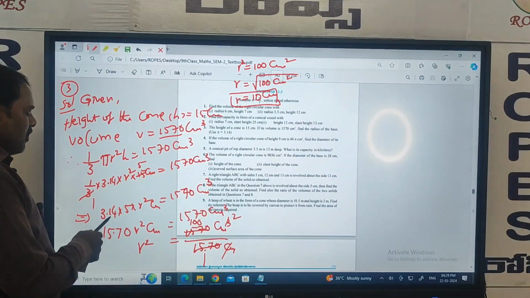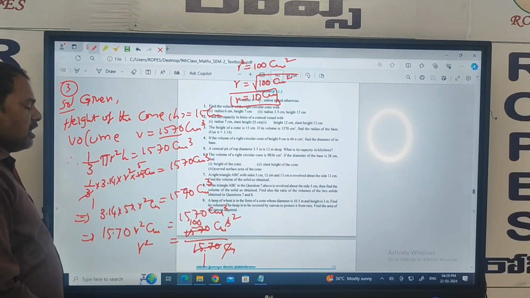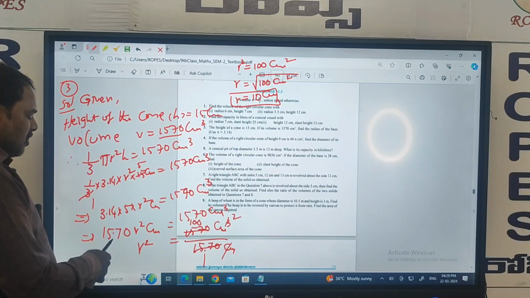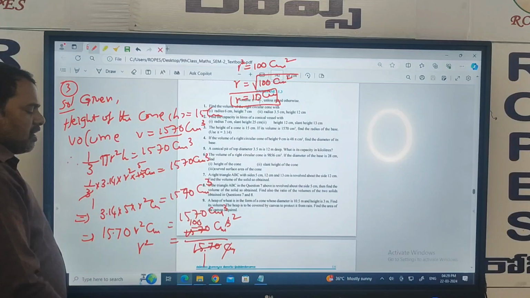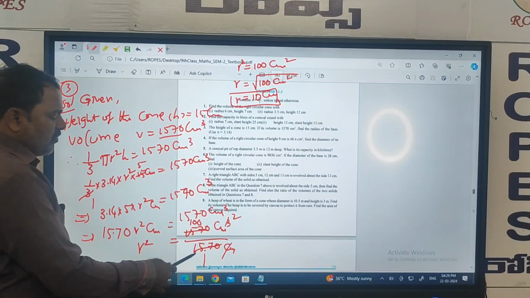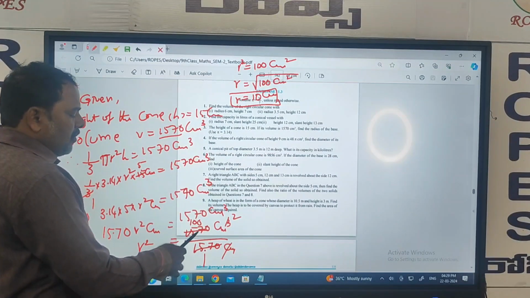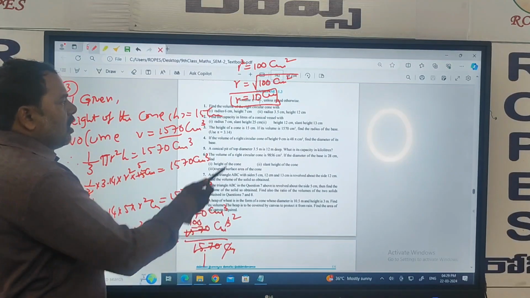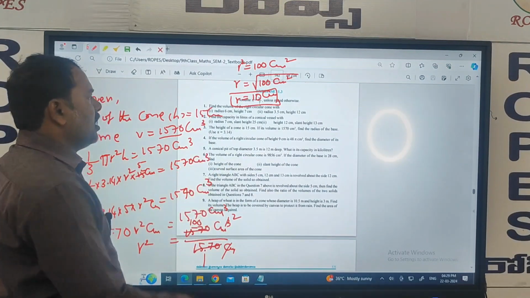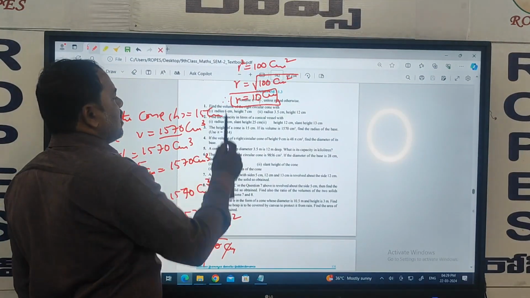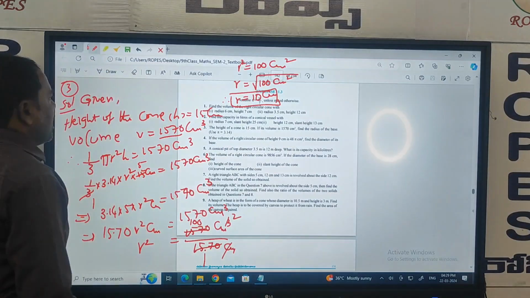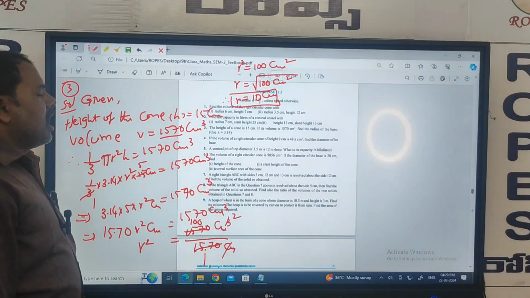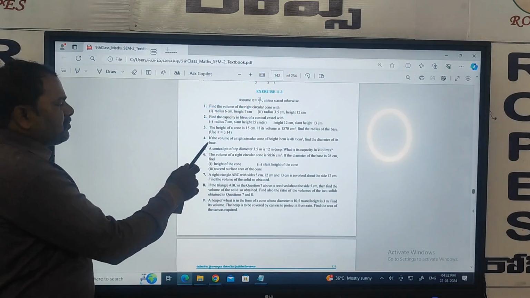From this, 3.14 into 5 into r square centimeters. After simplifying, 15.70 r square centimeters is equal to 1570 centimeters cube. So r square is 100, and the square root of 100 is 10 centimeters. Therefore the radius of the base is 10 centimeters. If they give these types of problems, we have to solve like this only. Now we will see the next question.